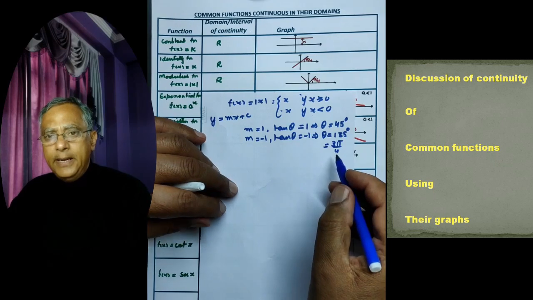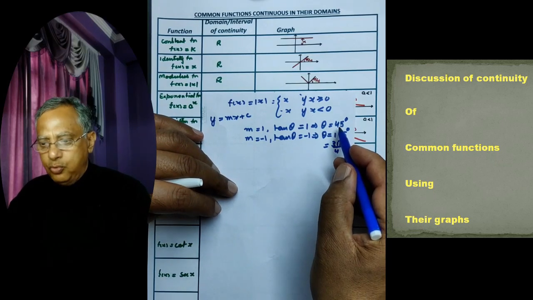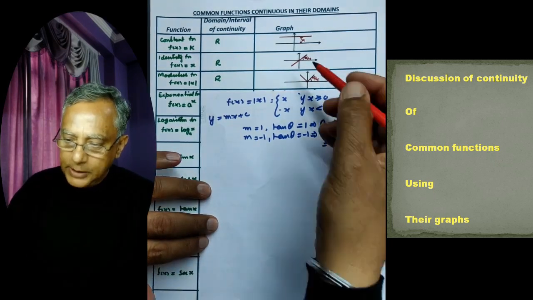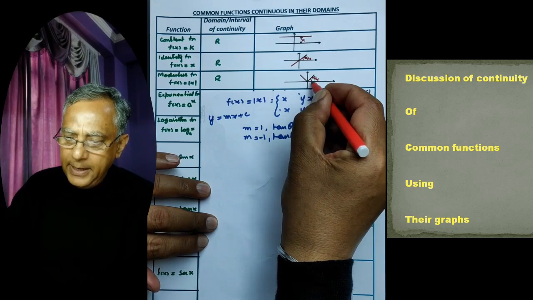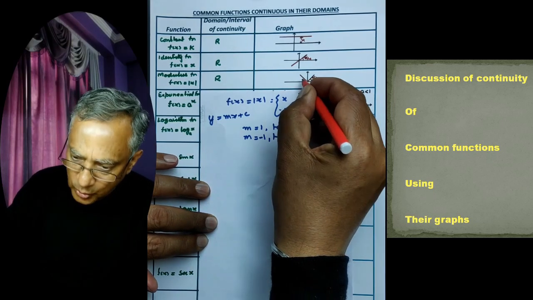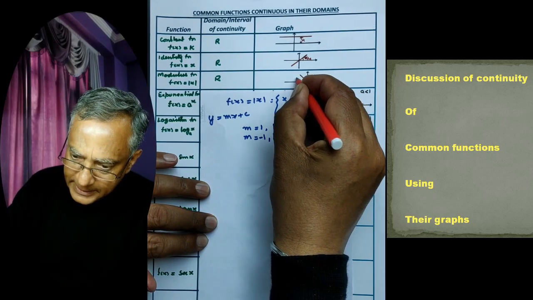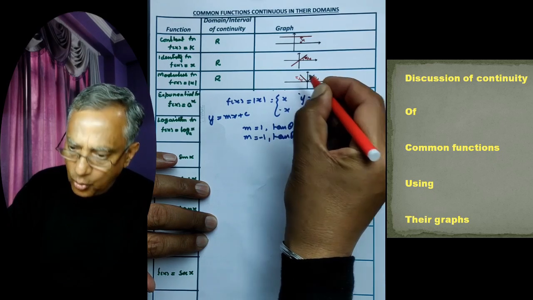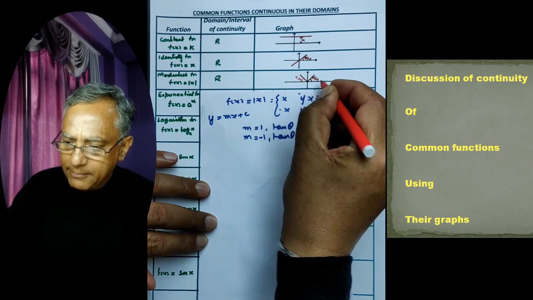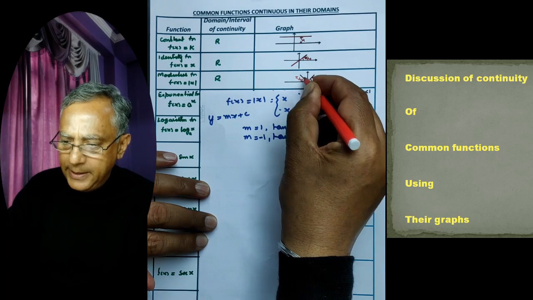This angle is 3 pi by 4, and this is pi by 4. Pi minus pi by 4 is 3 pi by 4.